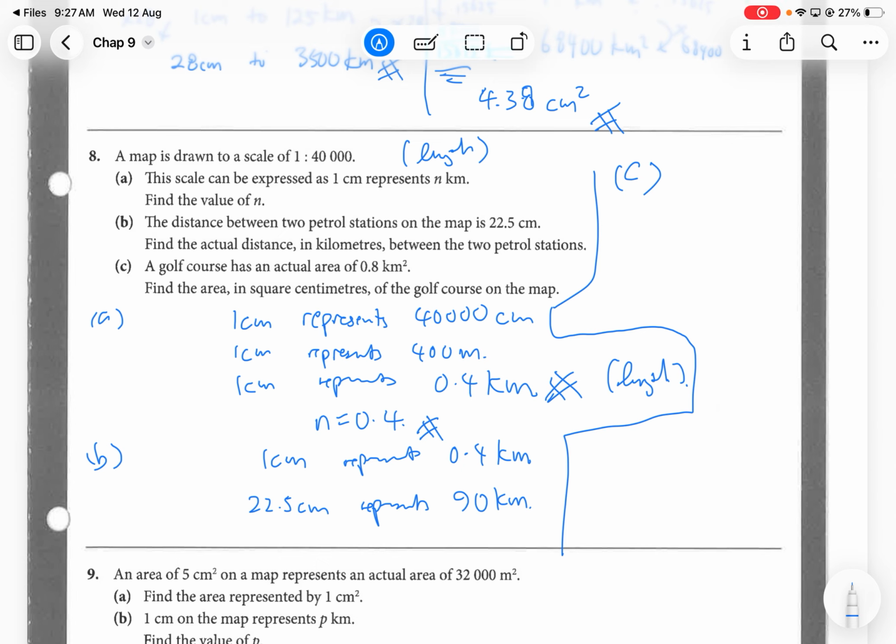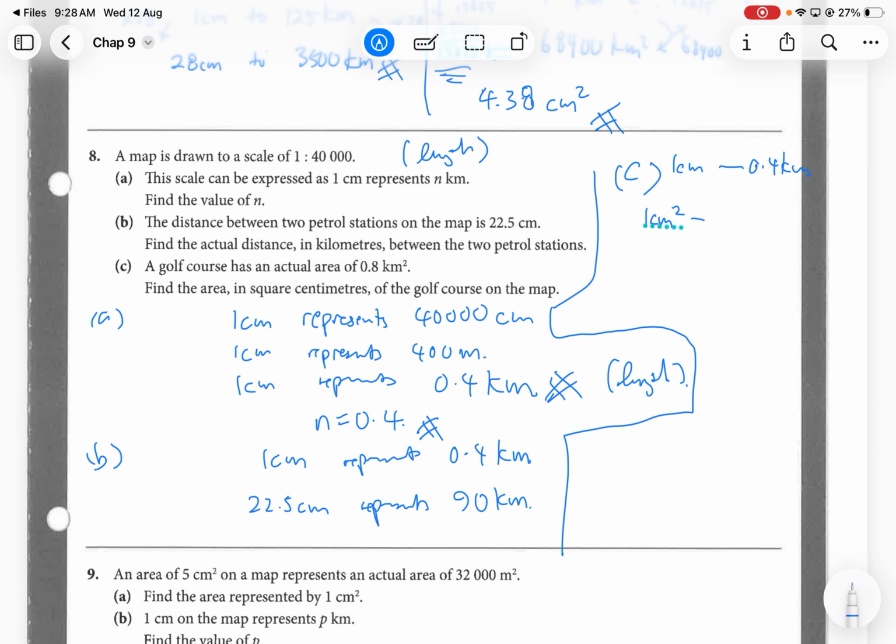Okay, part A, part B talk about length. Now part C, they ask you about area. I no longer want to use a scale for length, I want to use a scale for area. How do I get a scale for area? From 1 cm represents 0.4, this is length. I want a scale for area, I square both sides. I square 1, become 1 square.